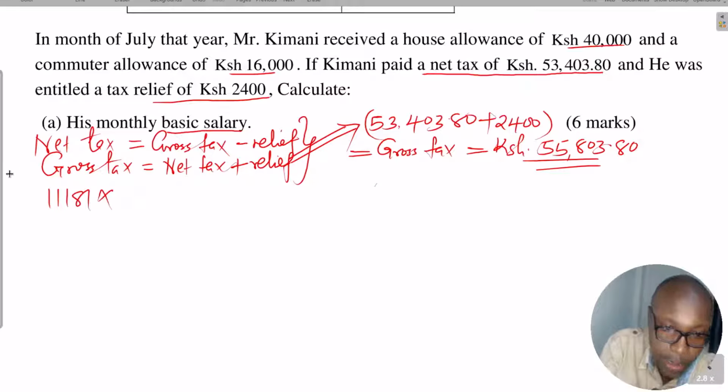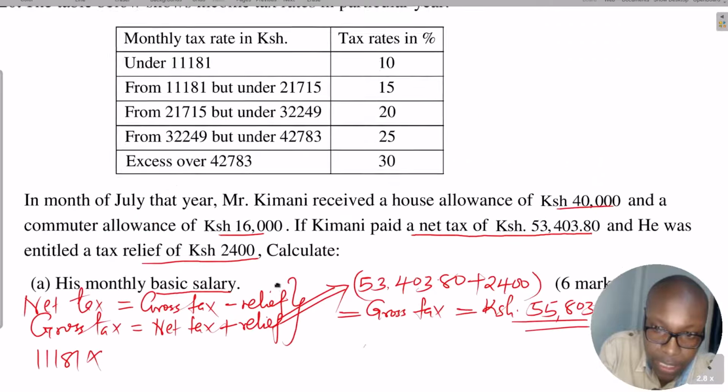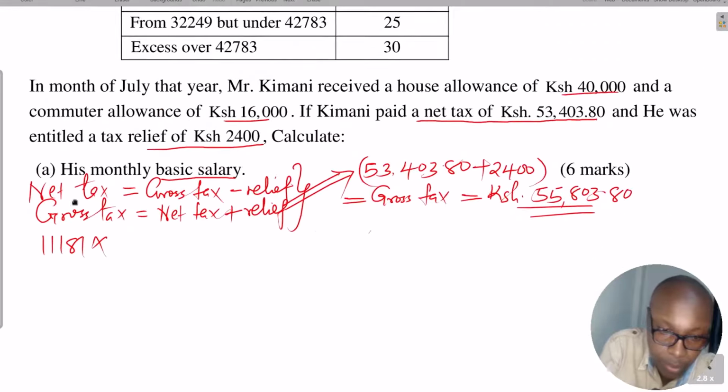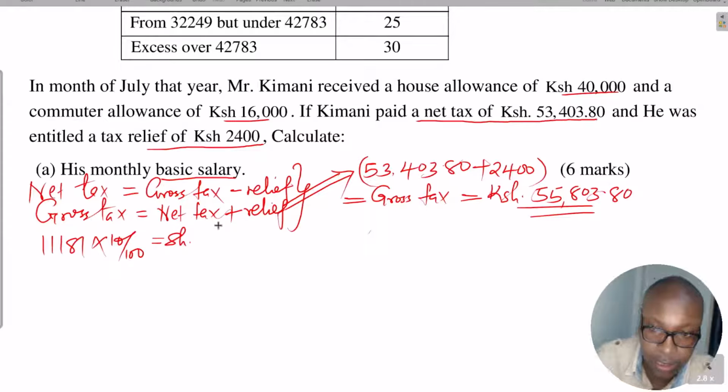The rate of taxation in the first band is 10%, that is 10 over 100. So we get the tax at that band. We're going to tax until we arrive at this figure that we are targeting.